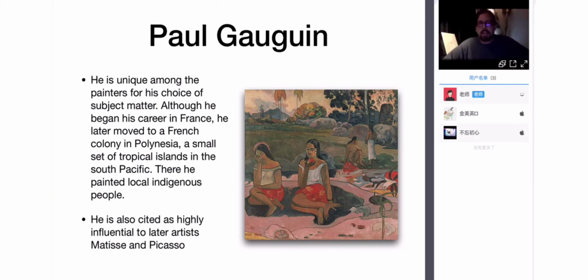Although he began his career in France, he later moved to a French colony in Polynesia, which is a small set of tropical islands in the South Pacific. And there he painted local indigenous people. So you didn't see much depiction of people of dark skin in this time by these painters.